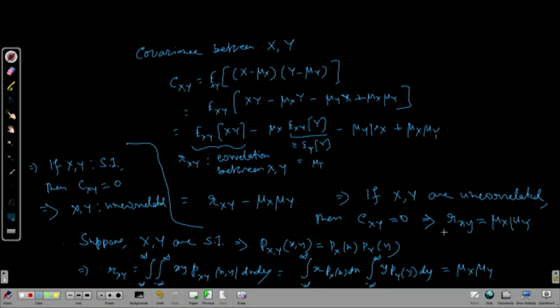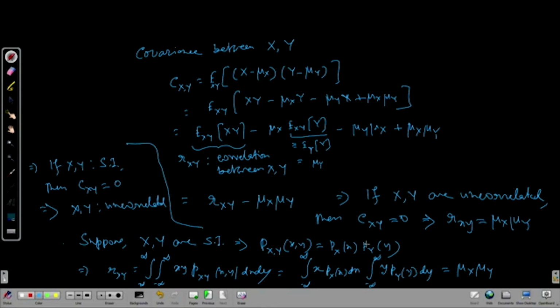That is, suppose this is given, that covariance is 0, or equivalently R xy, the correlation, is the product of the means. That does not necessarily mean that you can write the joint density as a product of the individual densities. That happens only when capital X and Y are jointly Gaussian random variables, which I will consider later, but not in general.